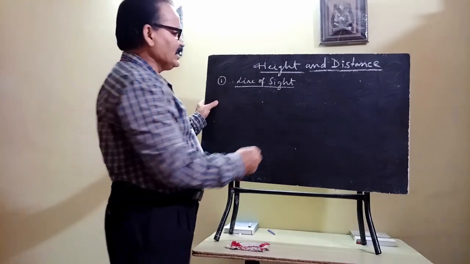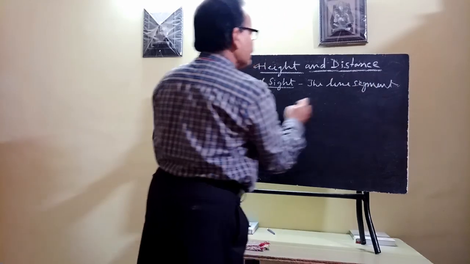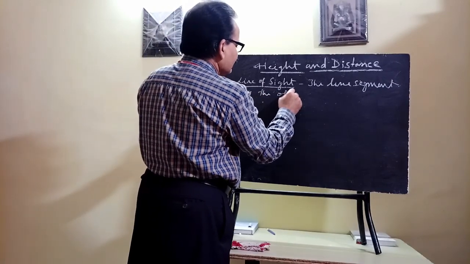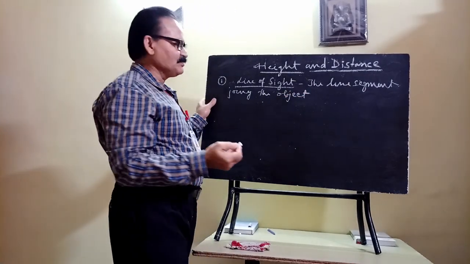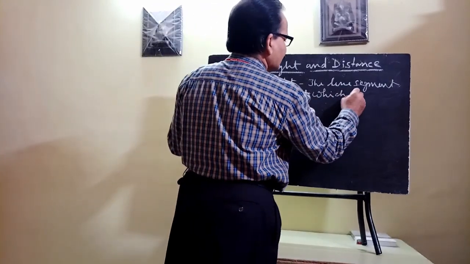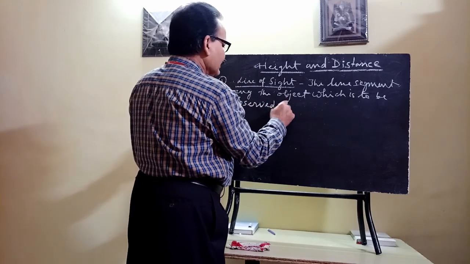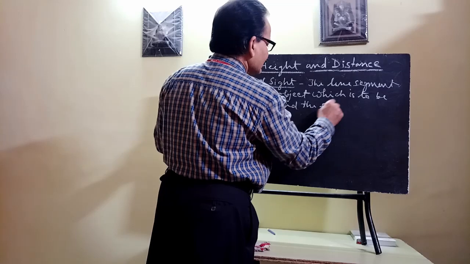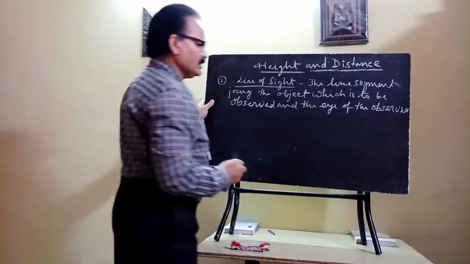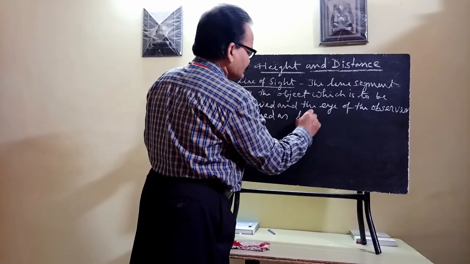That means the line segment joining the object, or you can say point, which is to be observed, and the eye of the observer, is termed as line of sight.